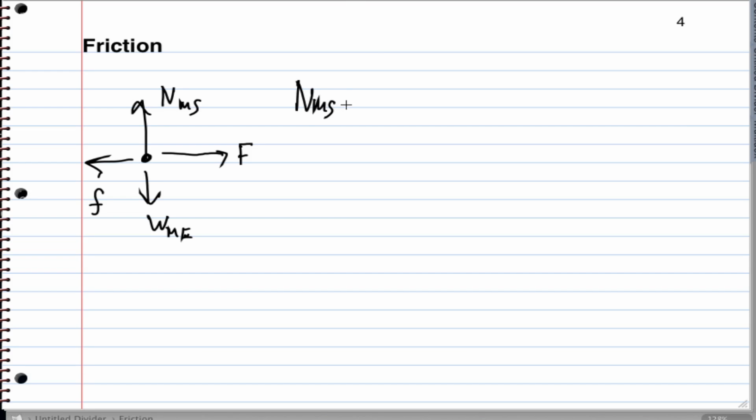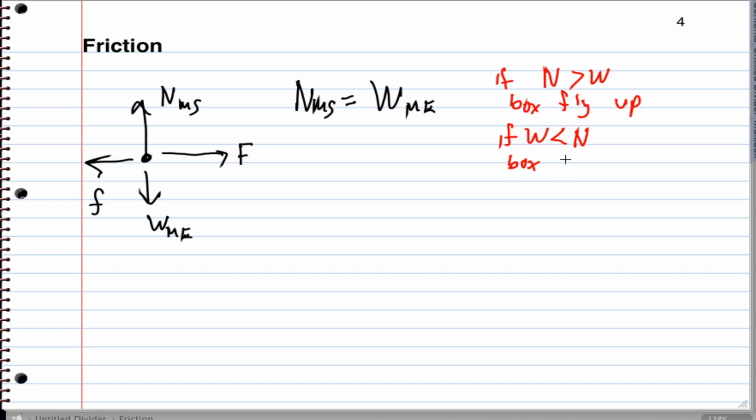And what we remember from previous discussions is that the normal force completely balances the weight in this situation. If this were not true, if the normal were greater than the weight, the box would fly up into the air. If the weight were greater than the normal, the box would crash through the surface.